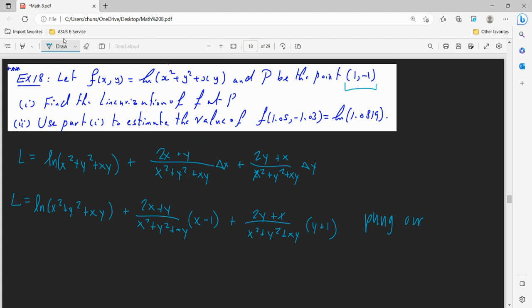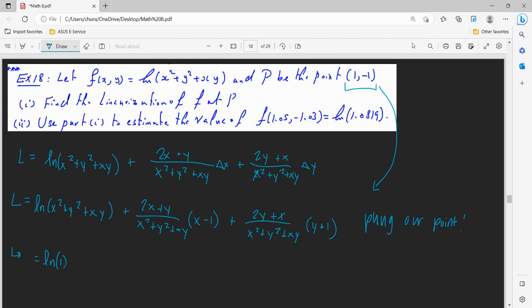Okay, and we're going to plug in our point. So this is 1 plus 1 plus -1. So this is ln of 0? Sorry, no, this is ln of 1, because we have 1 plus 1, that's 2, minus 1, so that is 1.